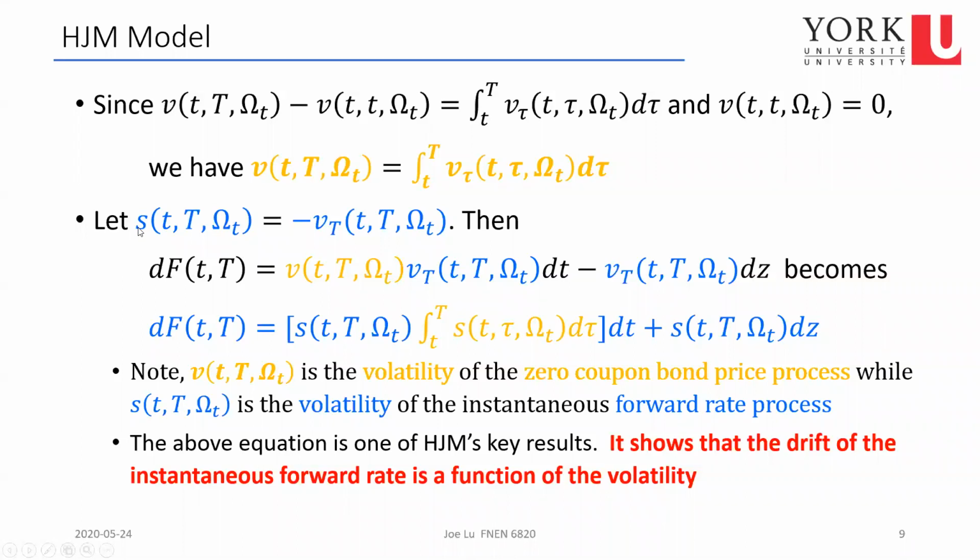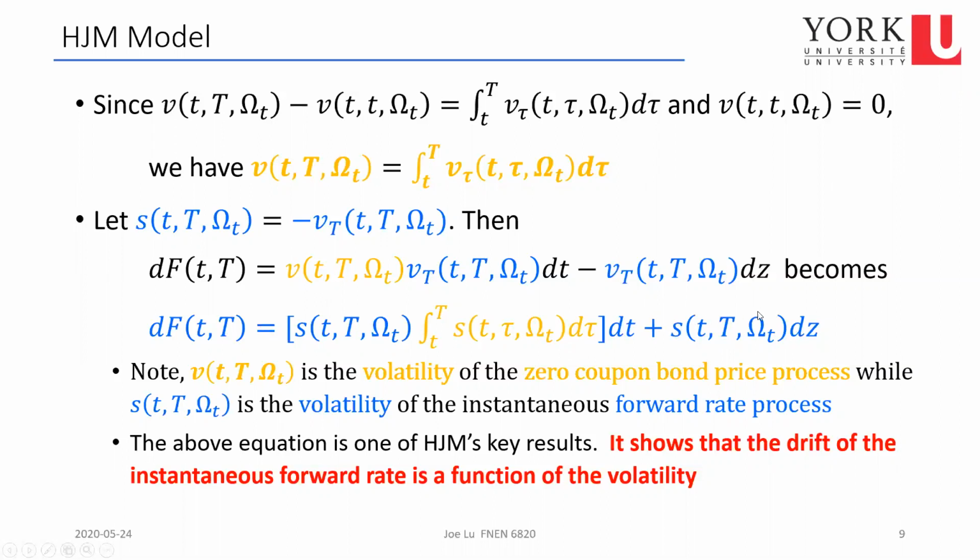Now, let's say we define S, which is the volatility term for the HJM process, and let's define this to be negative of VT, which is dV dt, the partial derivative of the volatility of the zero coupon bond process. Now, if we look at it, then this process that we have seen earlier, using the volatility term from the zero coupon bond process, will become this thing here.